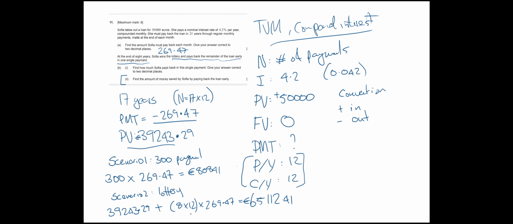So what's the difference? The amount we saved is going to be that 80,841 minus 65,112.41, and it's going to be some number.